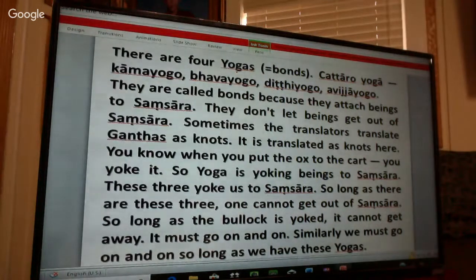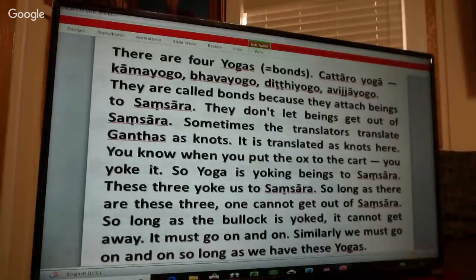I will explain that one later. So the meaning of yoga is a yoke or bond. If you have a bond, you cannot run away. The bullock with the yoke on its neck cannot run away from the cart, isn't it? It needs to carry heavy things even though it doesn't want to.